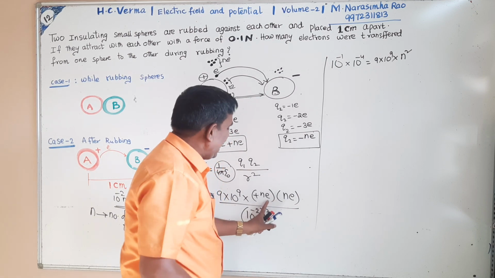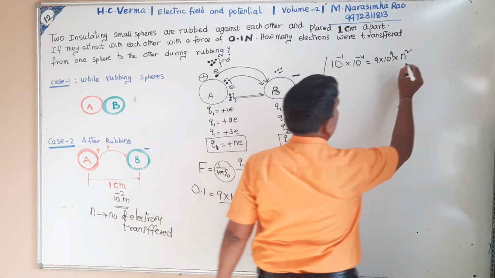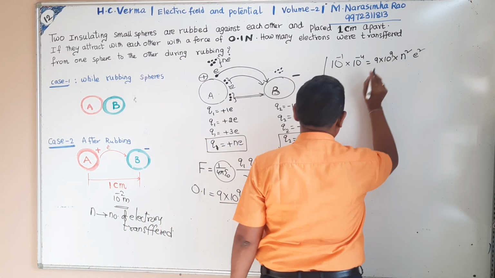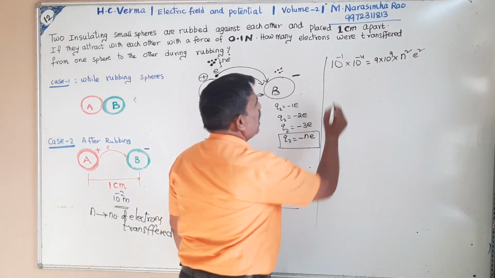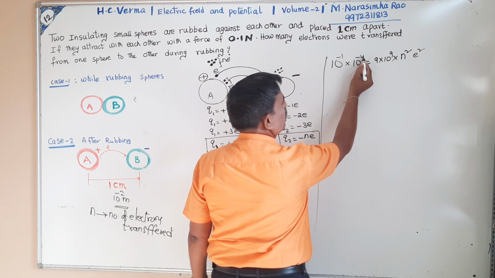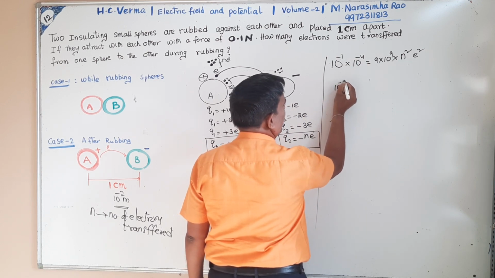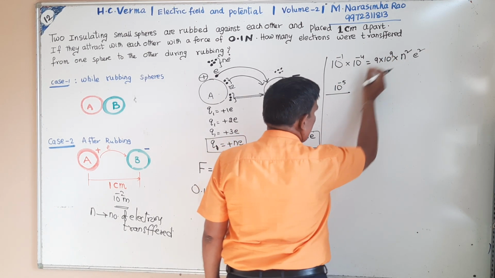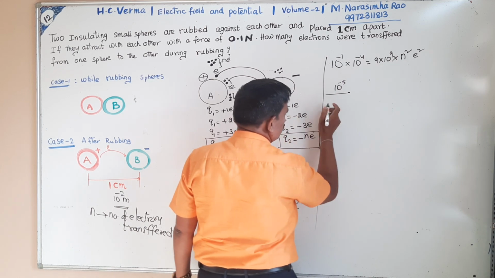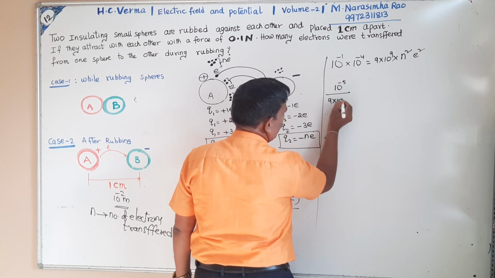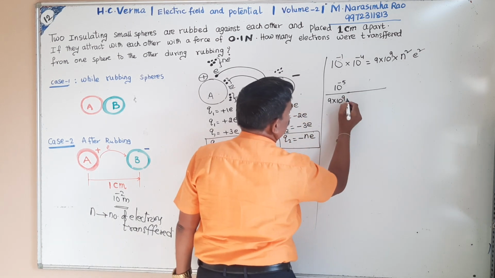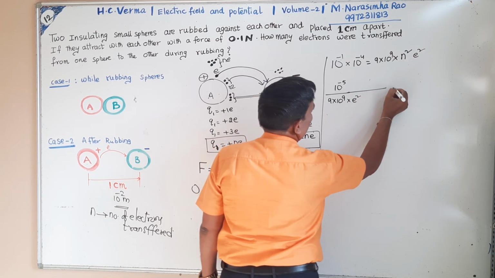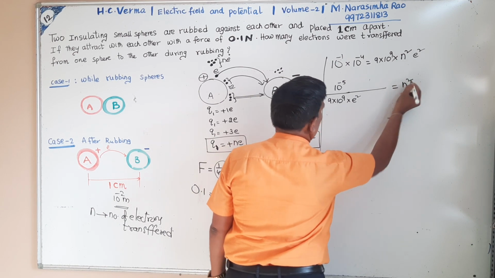Now, 9 into 10 power 9 and e square come to the denominator, so 10 power minus 5 divided by 9 into 10 power 9 into e square is equal to n square.